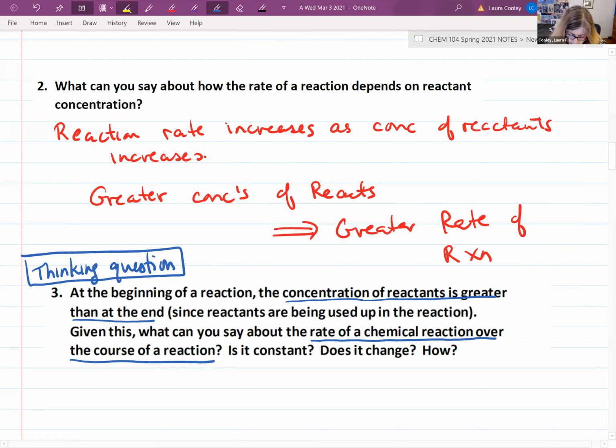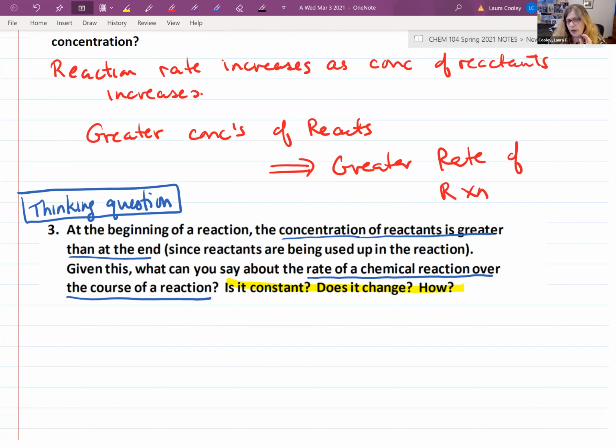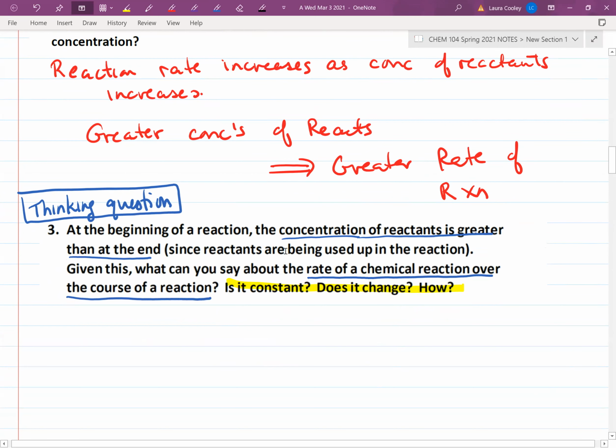So what do you think about that? Just take a minute to think about it. To me, this is so obvious, but I've been doing this a long time. So what must happen to the rate of a reaction as it goes on? So many reactions don't happen instantly, and even if they happen instantly, they don't happen all at once. The rate has to slow down.